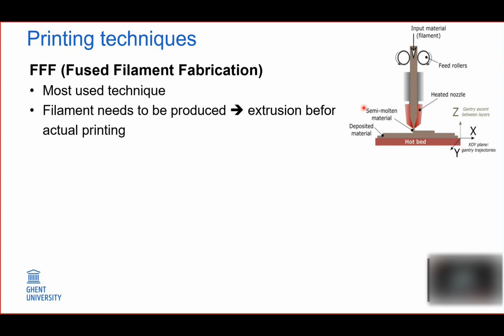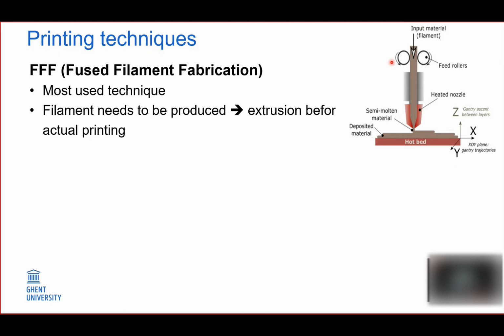We mount it in the nozzle of the FFF machine, and then the printing head moves in different directions and prints our shape. So these machines are commercially available, but the main drawback here is that we need to produce the filament first, this wire, which is the feedstock for our printer. So our material will be melted twice.